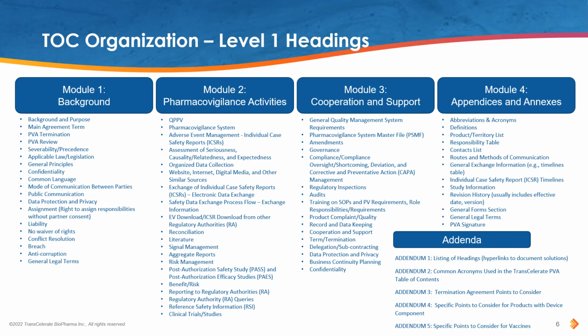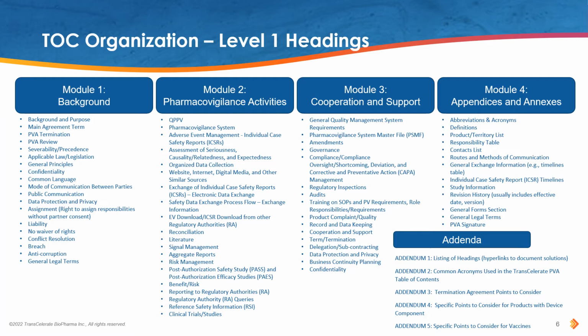Module 3, Cooperation and Support: the quality management system, compliance, record management, governance, business continuity, audits, and inspections. Module 4, Appendices and Annexes, addresses information which could be considered for appendices, although in some instances, some information may be included in one or more of the other modules.